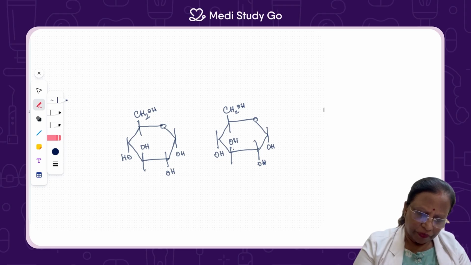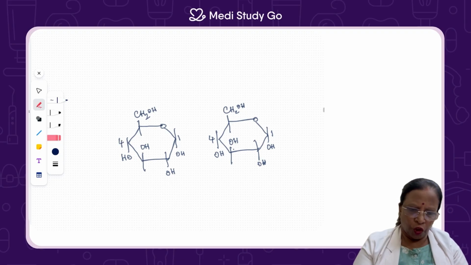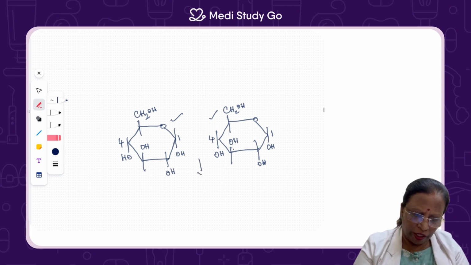This is C1, this is C4. The OH groups on C1 of the first monosaccharide and C4 of the next can undergo dehydration to form a glycosidic bond like this. So this is called a glycosidic bond.